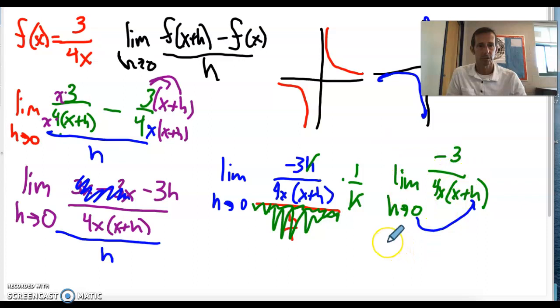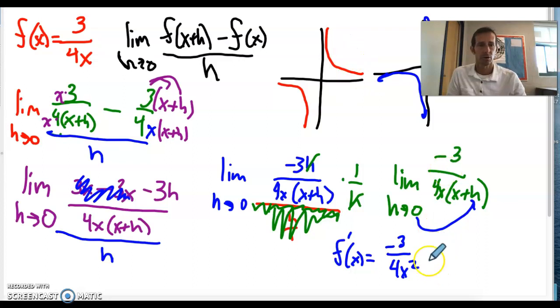This function would equal negative 3 over 4x times x, which is 4x squared, and that is my derivative function. That would give me the slope at any point on this curve. It has a negative in front, and this is squared, so no matter what x value I plug in, the result will be a negative slope because this function is always decreasing.